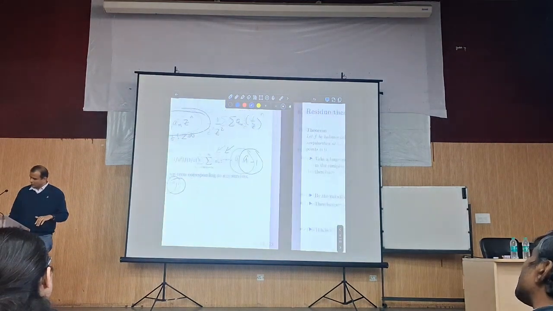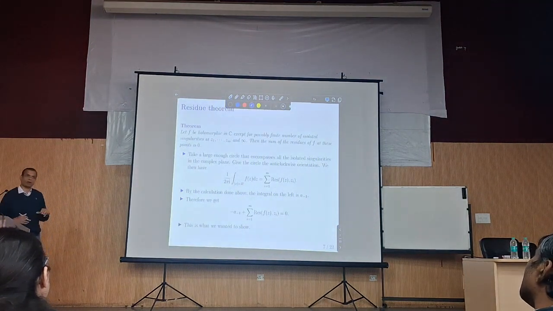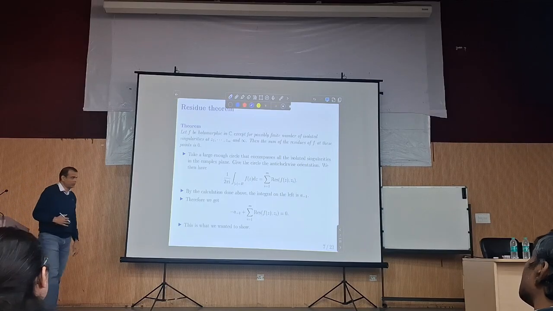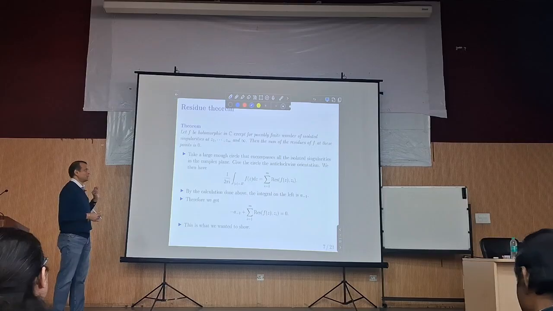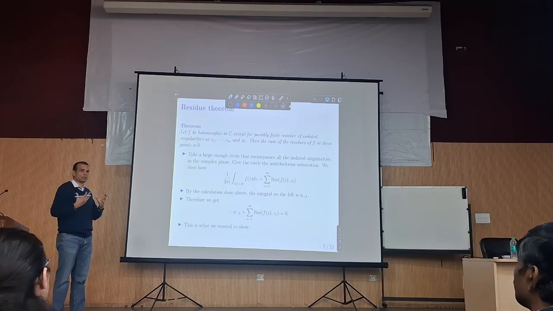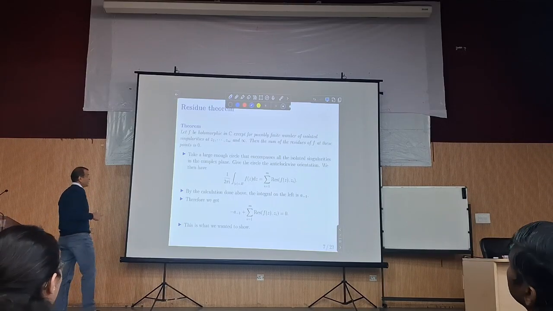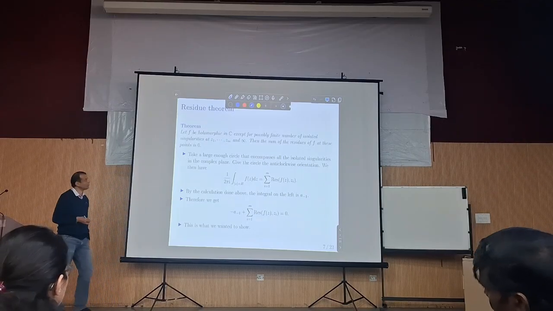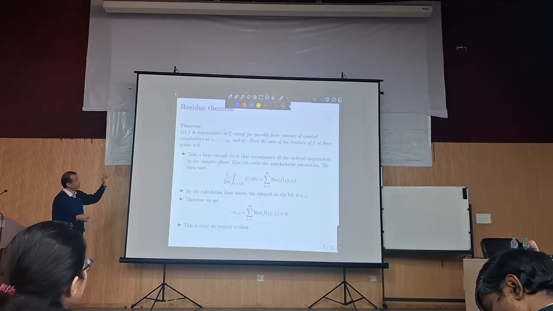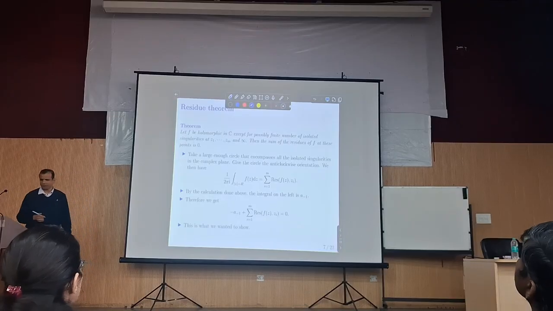Okay. So now that I have all the things in place, the Cauchy's residue theorem is typically not stated this way, but this is the most natural way to consider, which is the following. Let's say we have f be holomorphic in C, the complex plane, except possibly finite number of isolated singularities, right?